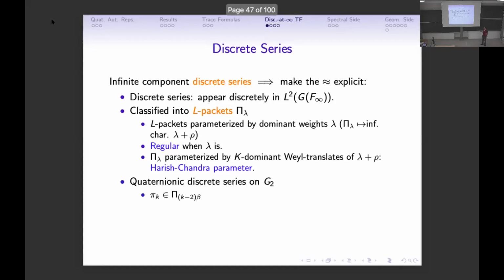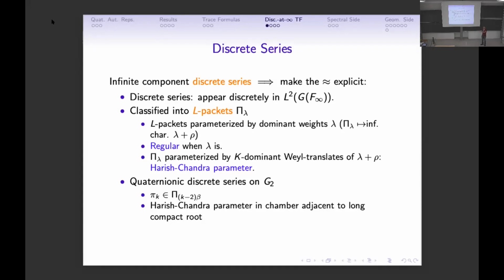Okay. So which ones are the quaternionic ones? They live inside the L-packet with lambda equal to k minus 2 times the highest root, and it's the one that has a Harish-Chandra parameter in a chamber adjacent to the long compact root. The maximal compact for G2 is an SU2 times an SU2, made by one long root and one short root that are perpendicular to each other.